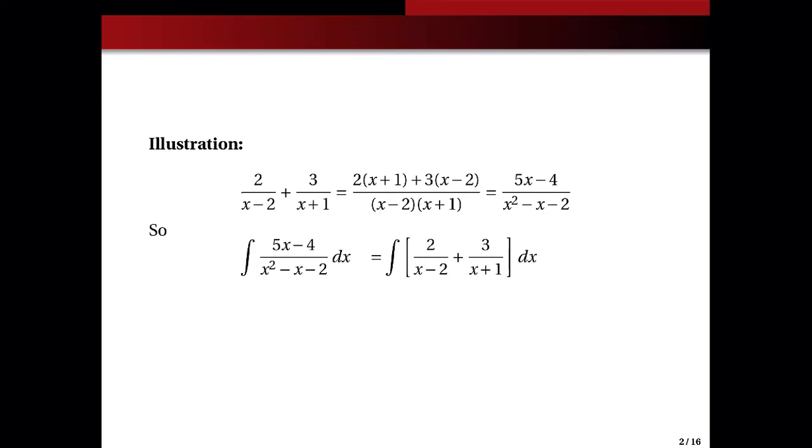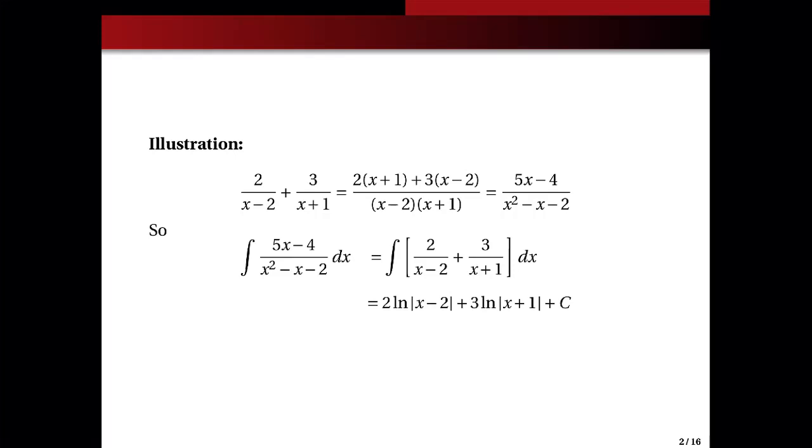When you integrate, they will become logarithmic functions. So if you integrate, you'll just get 2 ln of x minus 2 plus 3 ln of x plus 1 plus the arbitrary constant c. We call this the partial fraction representation of this expression.